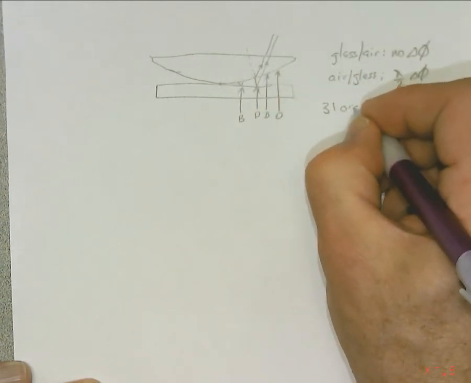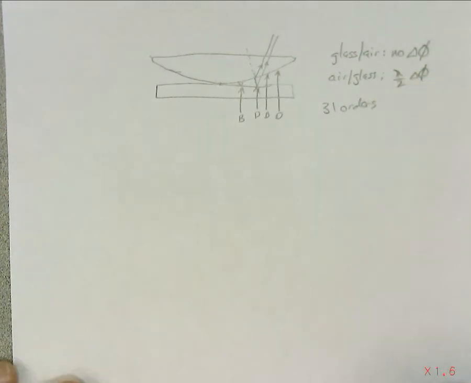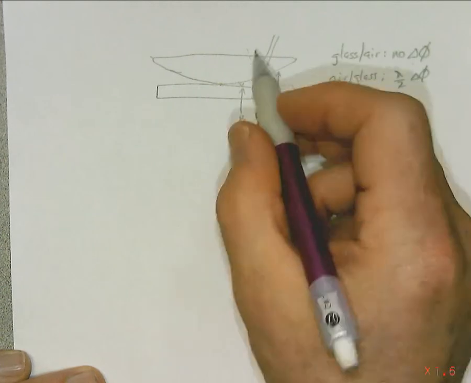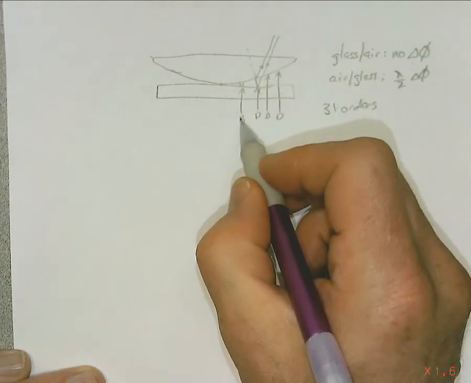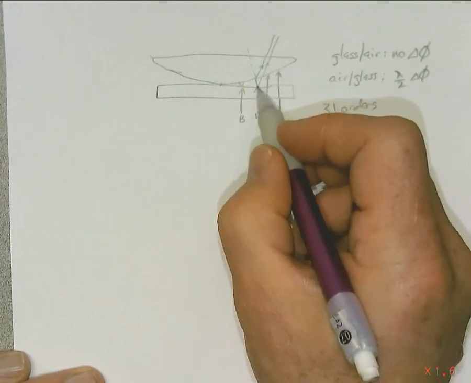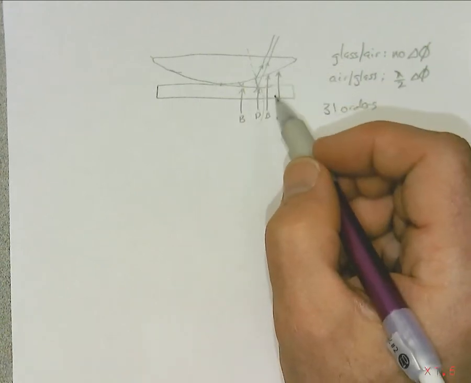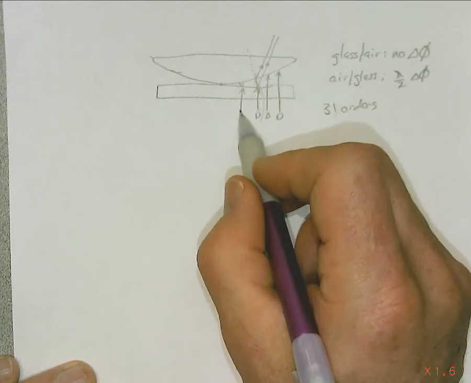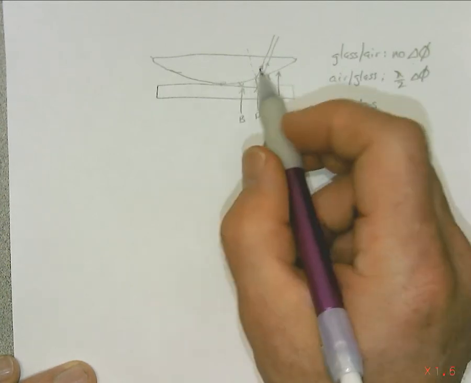31 orders of bright and dark. It's the dark that is really the controlling factor here, because it comes after the bright, not including the central spot.